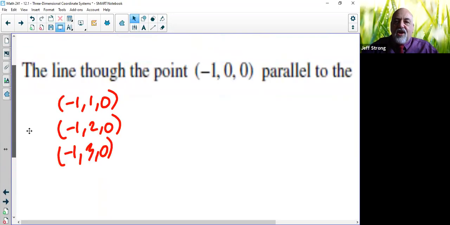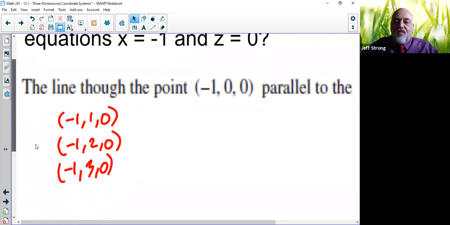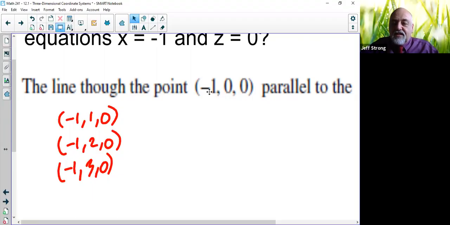And so would be the other ones? Well, it would be all of them. Any point that would have a -1 as an x coordinate and 0 as a y and z coordinate would work. You could have any number you want here. Okay.